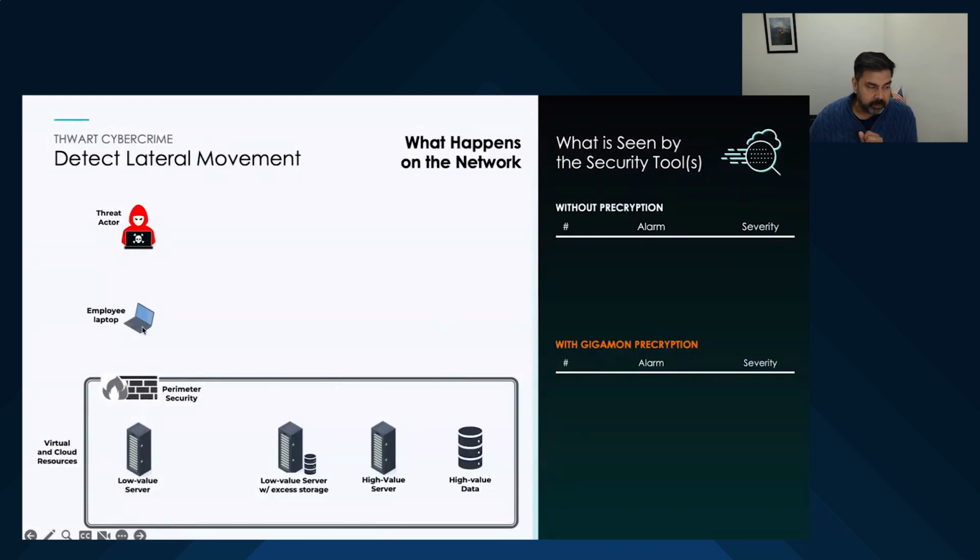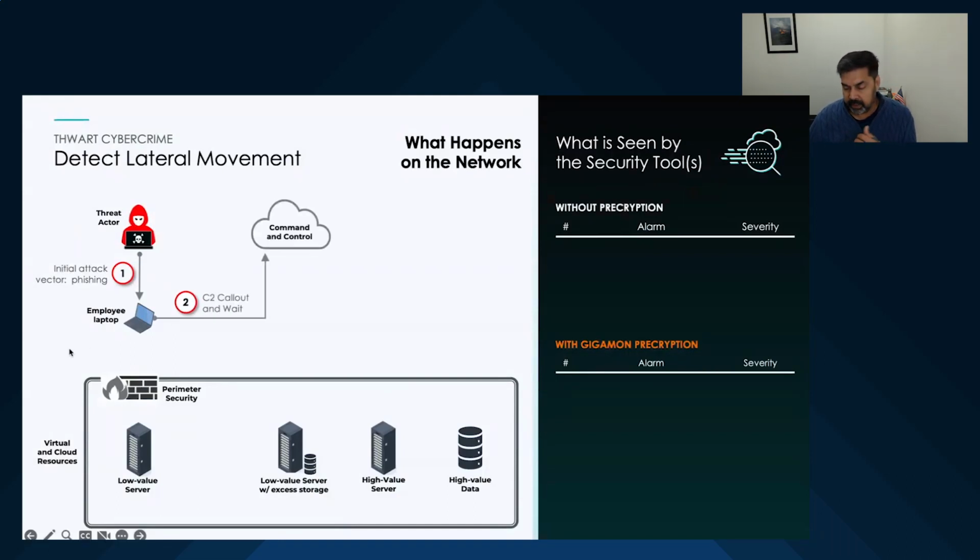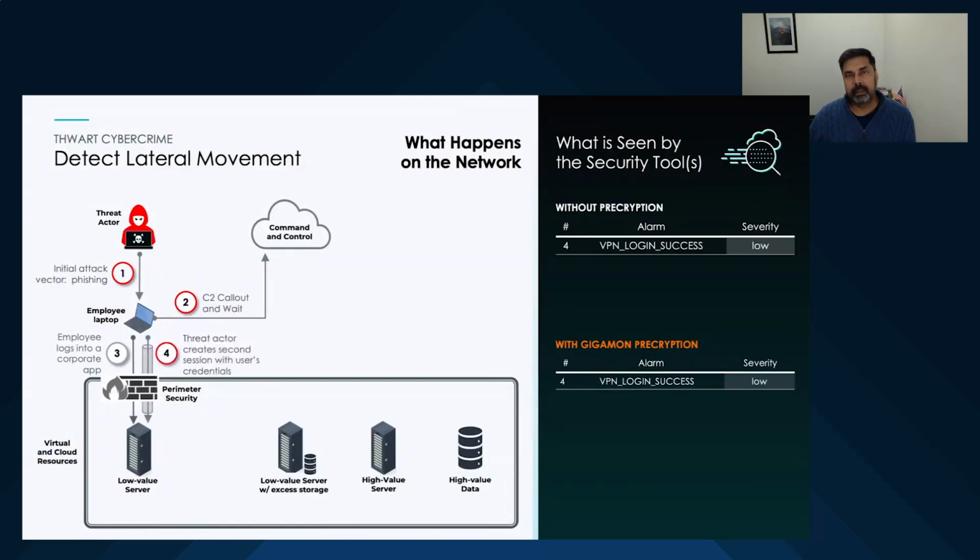So here we have an environment, we have a threat actor, and there's an employee laptop that's outside of the infrastructure of the corporate network, and somehow this person manages to do something that infects their machine, basically. And that machine does its thing. Then the threat actors do the usual C2 type of work that they do, communication that happens, and the machine's compromised. Then the machine gets on the network.